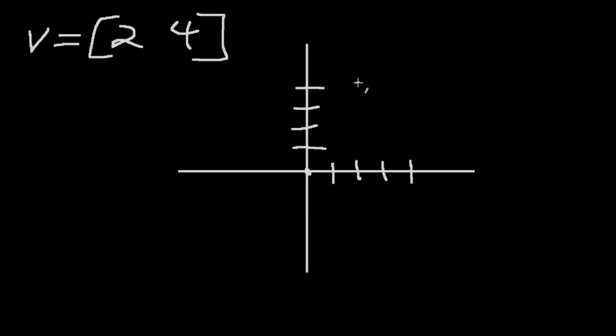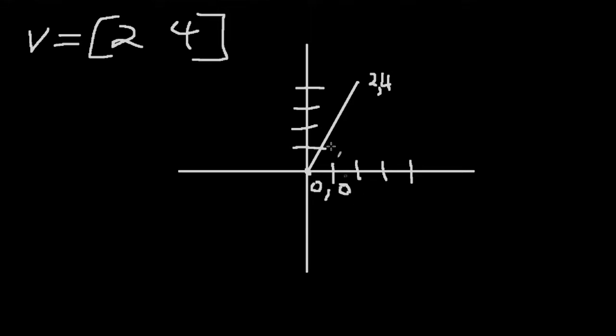So there would be the other point. And from there, we can make our vector. So there's our vector v. And so it goes from 0, 0 to 2, 4.